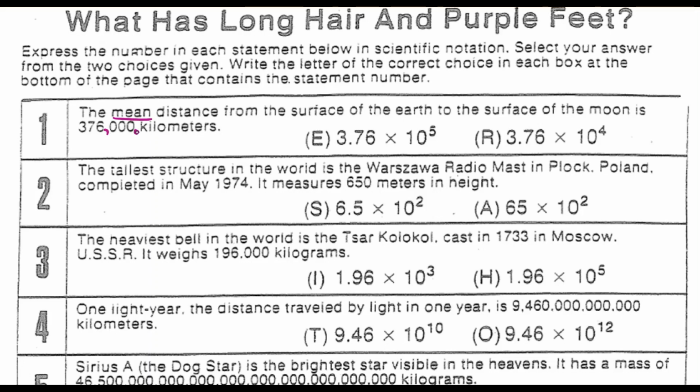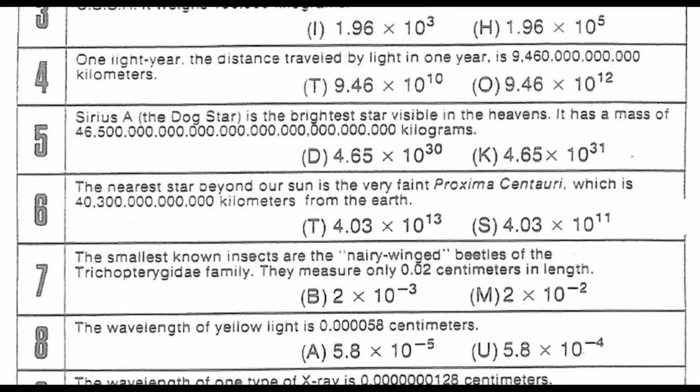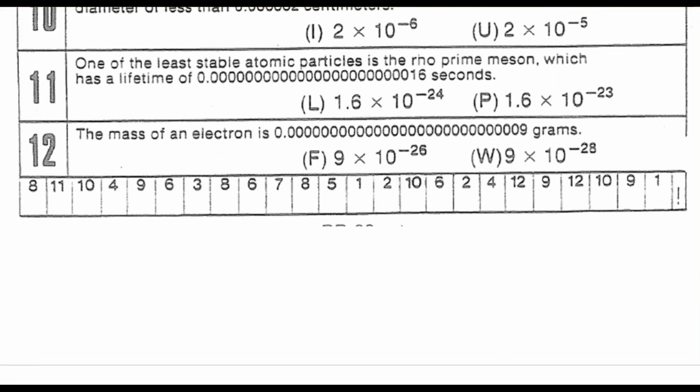So I'm going to move the decimal all the way until it's behind the first digit. 1, 2, 3, 4, 5. 3.76 times 10 to the 5. So I'm going to take E, and I'll write E wherever I see a 1. So that was question 1. And wherever I see a 1, I'm going to write an E.